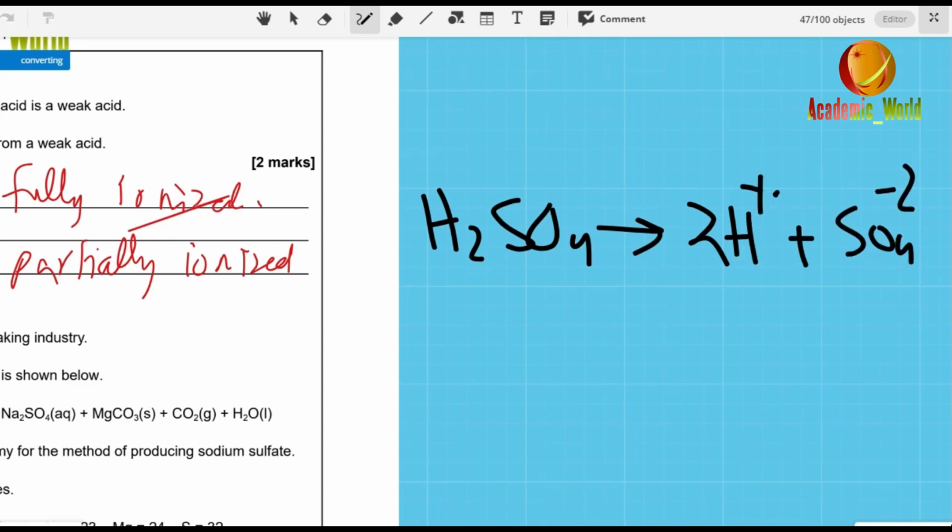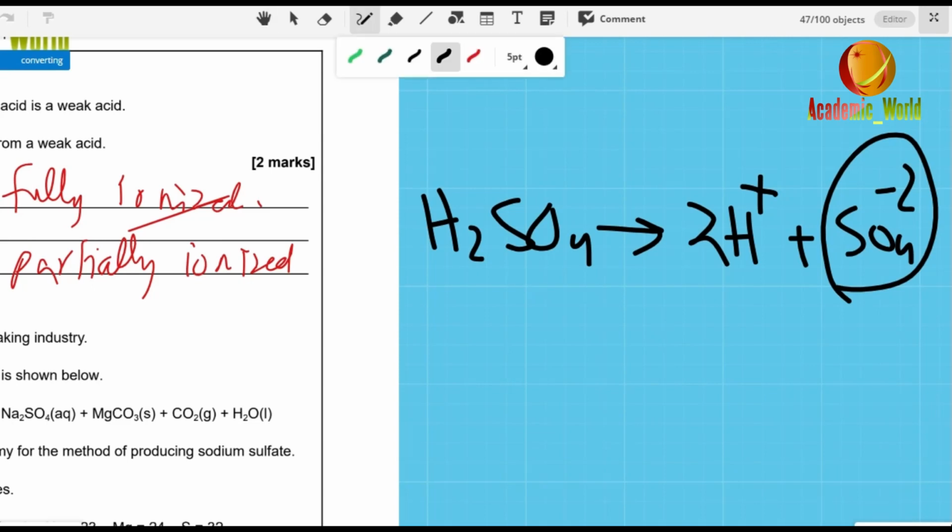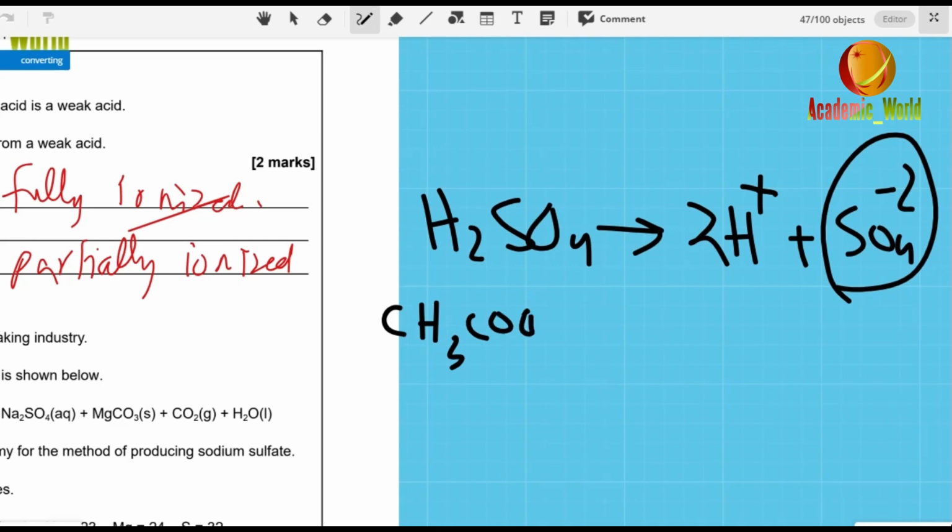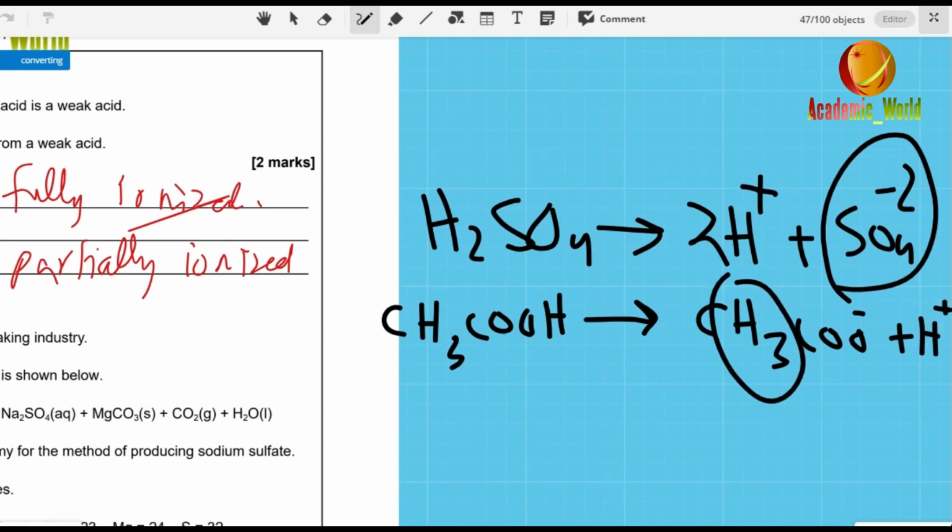So you can see here the other species do not contain any hydrogen. But in the case of ethanoic acid, for example, I'm going to write CH3COOH. So when it ionizes, it will make CH3COO- plus H+. So you can see here there are some other hydrogens as well. So that is partially ionized. That is the example of a weak acid.